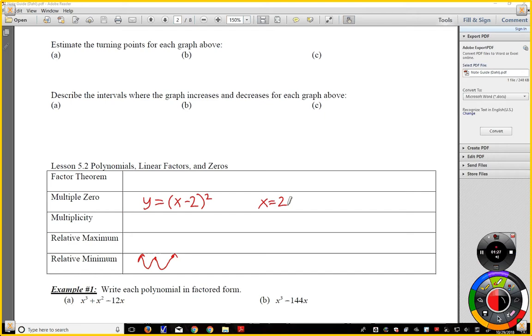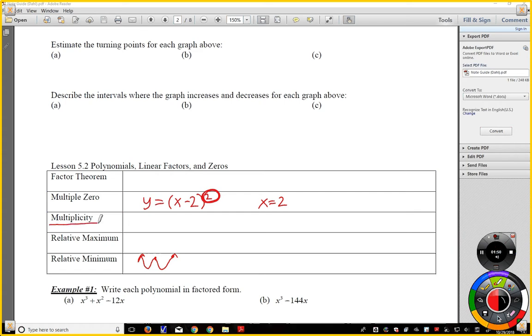However, that's considered a multiple zero. The reason it's considered a multiple zero is we would just list it once. However, the behavior at that zero is different because it came from a factor that has a power bigger than 1. Okay, meaning you were using this zero more than one time. And the multiplicity means how many times you were using it.